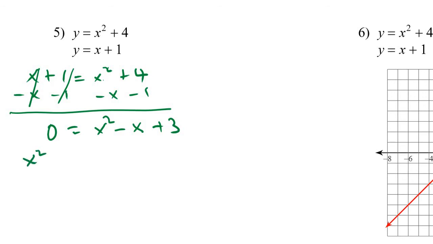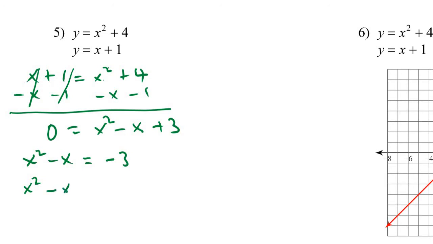So x squared minus x equals negative 3 by moving the negative 3 to the other side. And if we complete the square for this, we're going to get x squared, a half of 1 is 1/2, and then plus 1/2 squared will be 1/4.